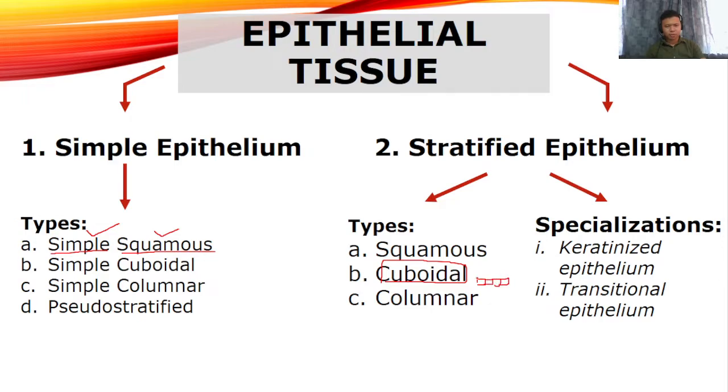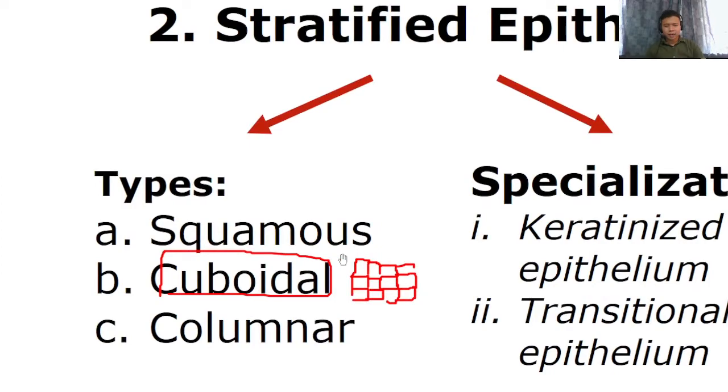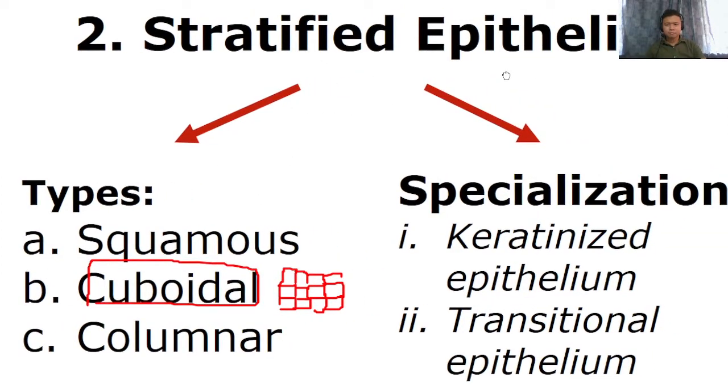which are grouped together, having more than one layer. So we have stratified cuboidal epithelium. Let's try to find out how many layers it possesses.